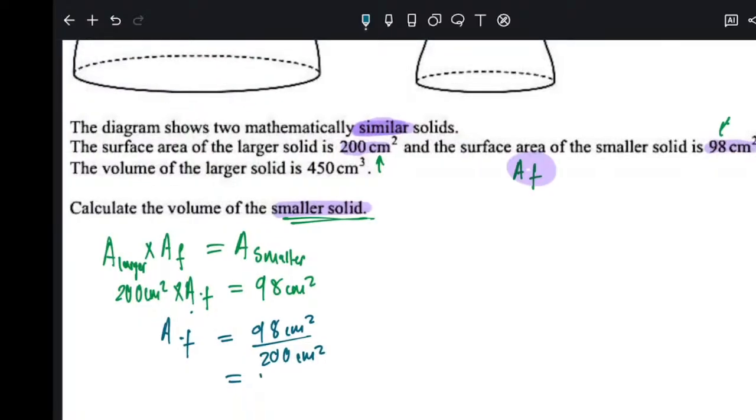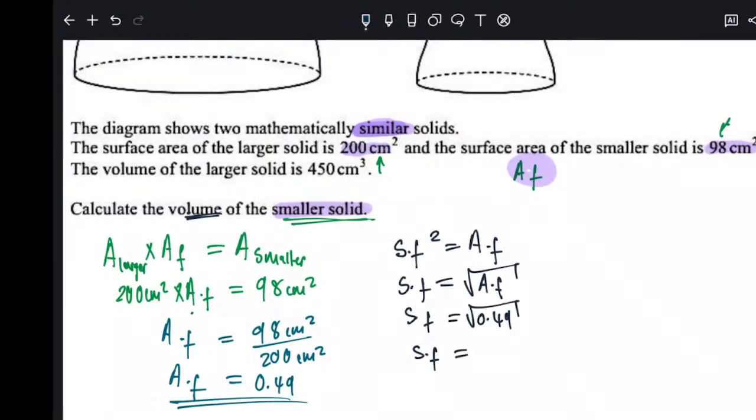Is it exactly 0.49? What is the square root of 0.49, guys? 0.7. You said 0.7. Okay. Thank you.